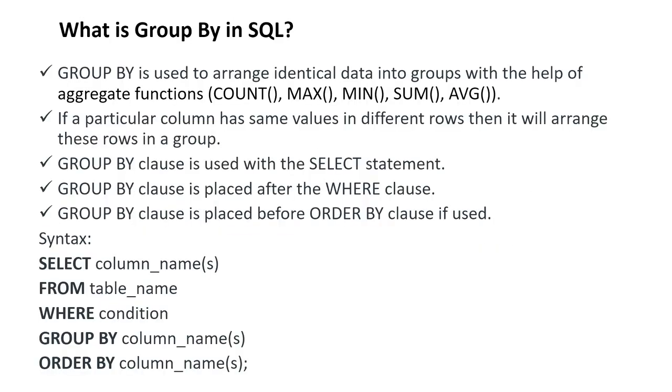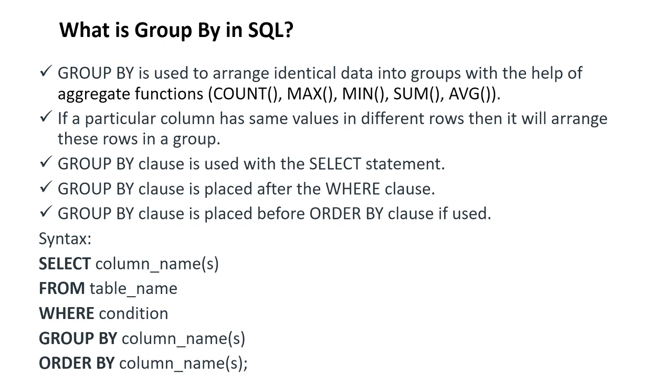What is group by in SQL? Group by is used to arrange identical data into groups with the help of aggregate functions like count, max, min, sum, average, etc. If a particular column has some values in different rows, then it will arrange these rows in a group. The group by clause is used with the select statement.